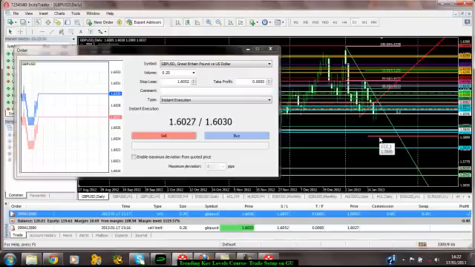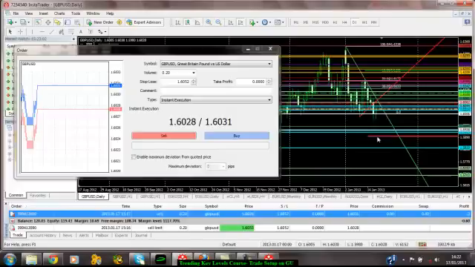Now, for a swing trader, opening this position and targeting here may not be out of place. So the trader could also open and target this place. Okay, so let me. All right, 28.